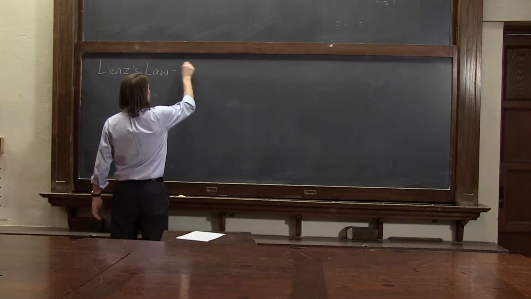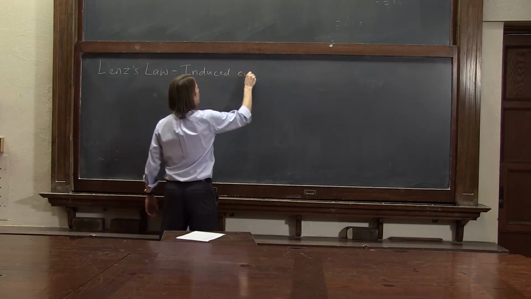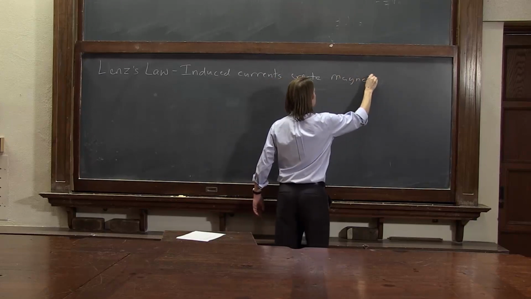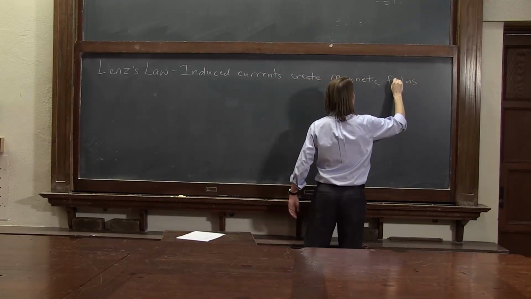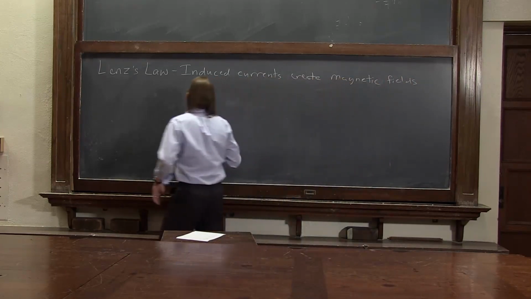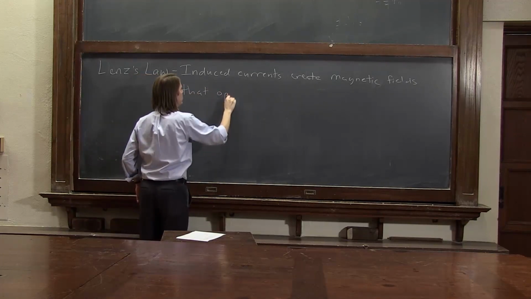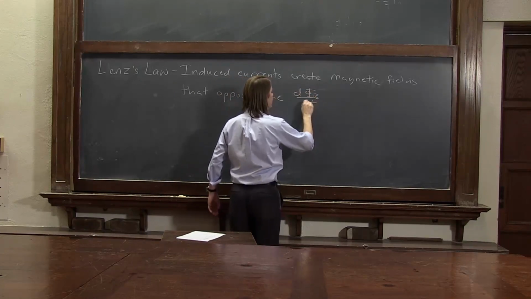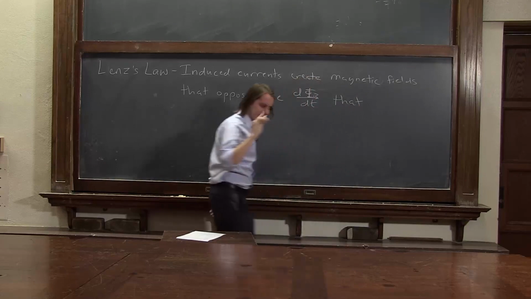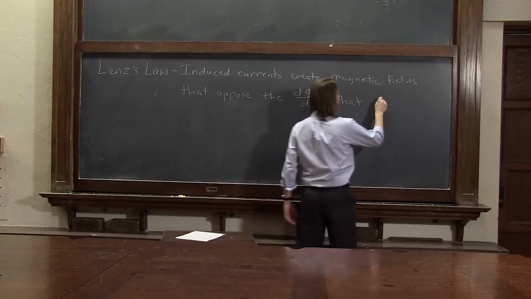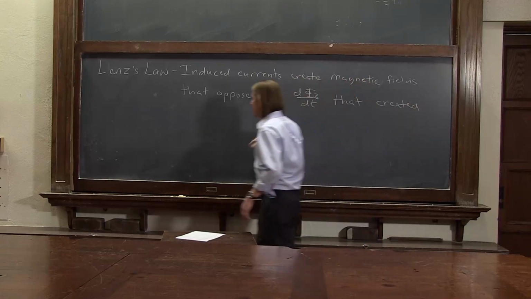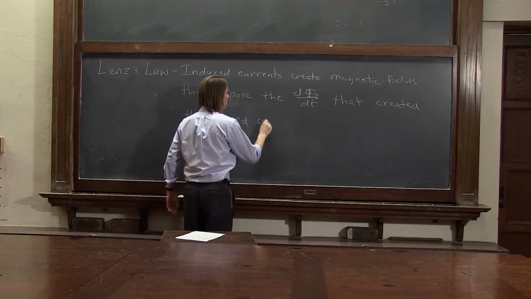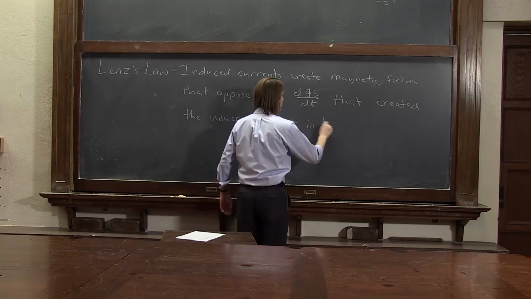So it says, my phrasing, that induced currents create magnetic fields that oppose the dΦ_B/dt that, and the wording here is critical, created the induced current in the first place.